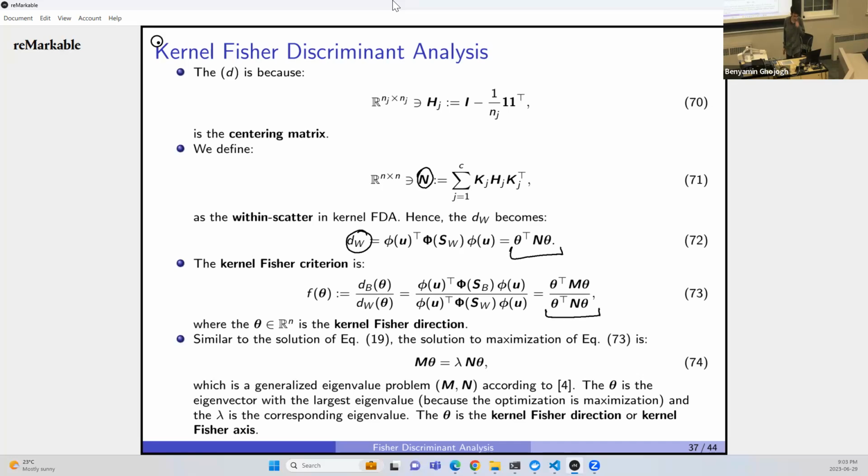Therefore, the kernel Fisher criterion becomes theta transpose M theta over theta transpose N theta. Do you see the difference? We have a change of variable from u to theta. Now, if you maximize this, it becomes a generalized eigenvalue problem for M and N, which can be seen as the eigenvalue problem for N inverse M, right?